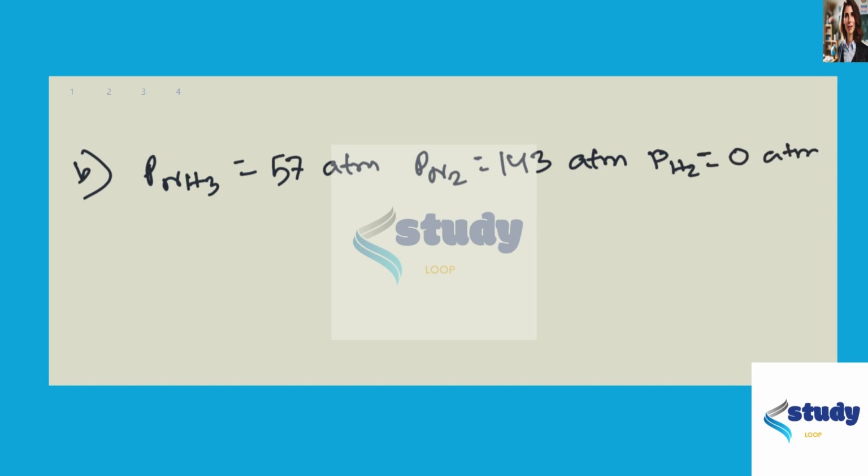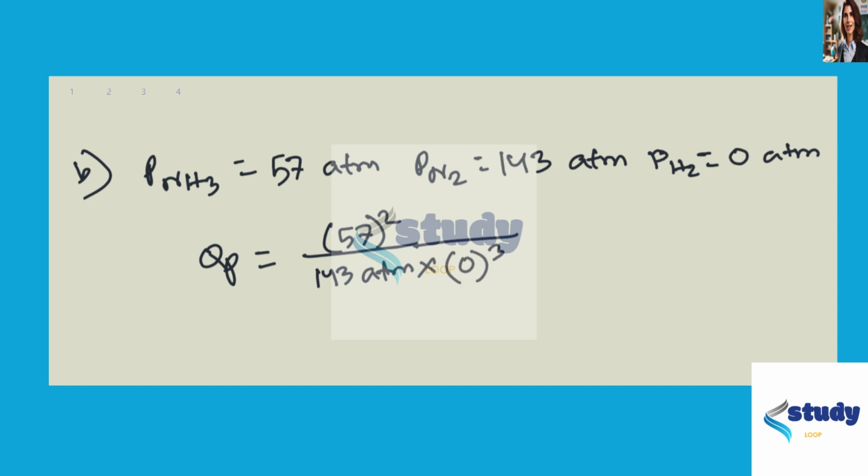So there is no hydrogen present in the mixture. The Qp value for this will again be ammonia's partial pressure squared over nitrogen's partial pressure times hydrogen's partial pressure cubed.